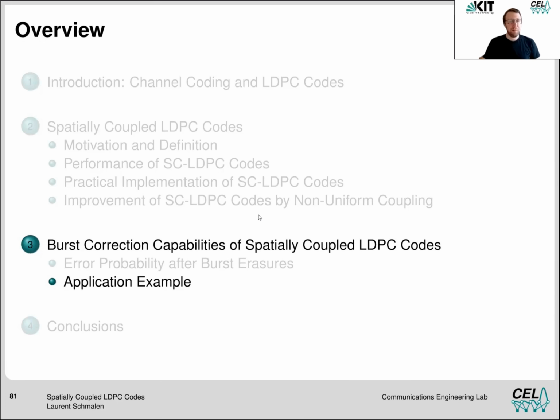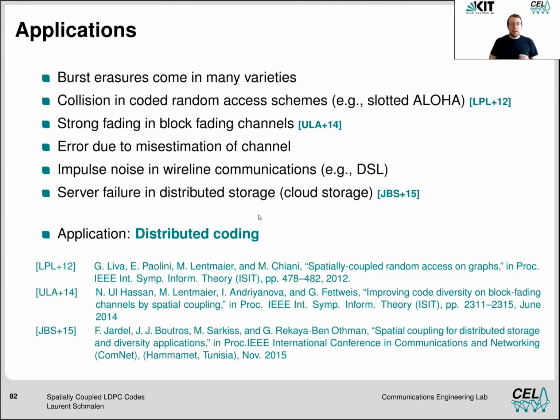So what was this example? It was motivated by a multiple access scheme. Burst erasures come in different varieties, like random access schemes, for instance slotted Aloha when you have collisions. They also come in strong block fading channels, due to impulse noise, or in server failures in distributed storage.